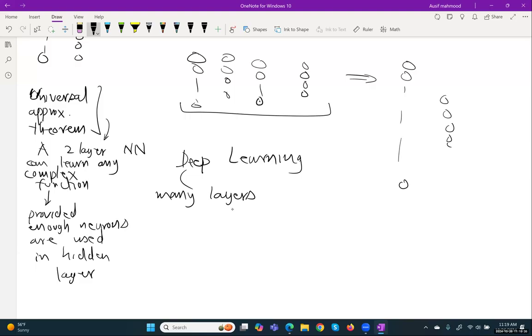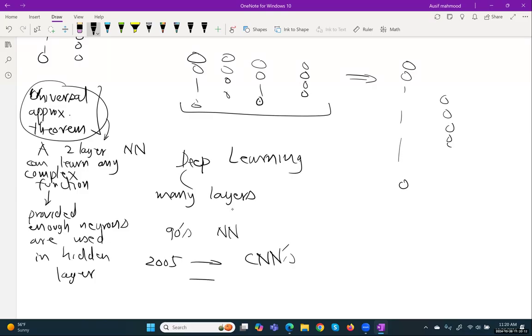So if mathematically it has been proven that 2 layers are enough, what's the point of deep learning, right? As I had hinted to you in the beginning of the course, in the early 90s, neural networks got very exciting. Everybody said, "Oh, this is AI." Then as soon as this theorem came up, when people said, "Oh, all we need is a two-layer network," all the AI excitement went away until 2005 and so on, when convolutional neural networks were introduced.